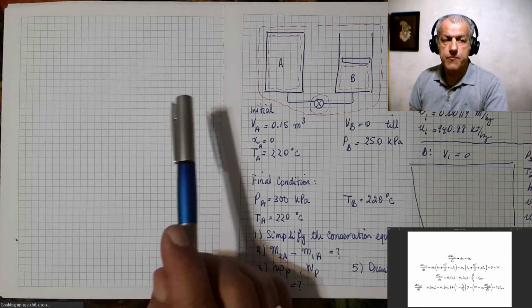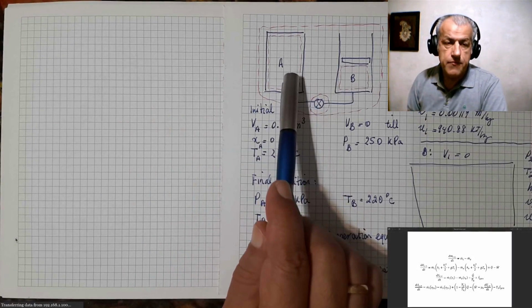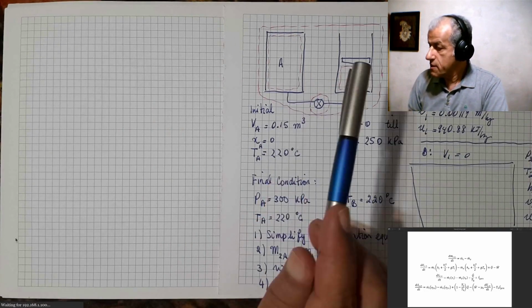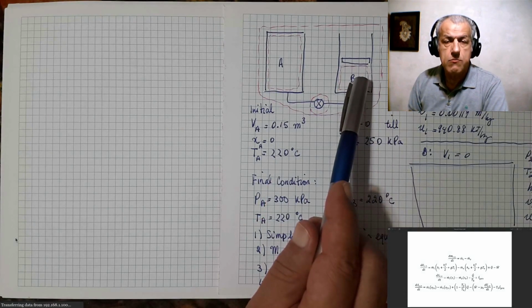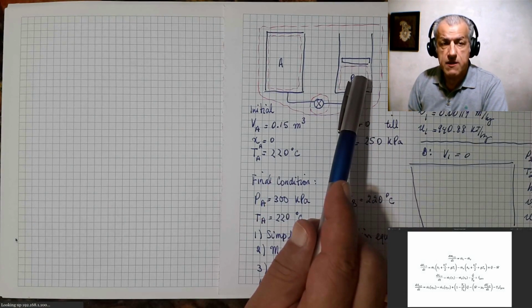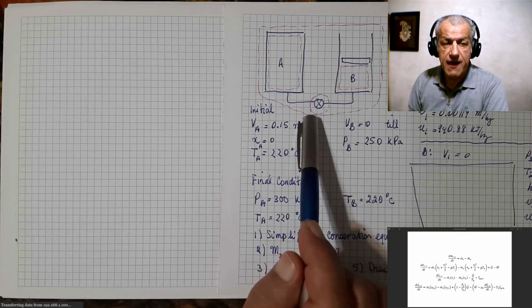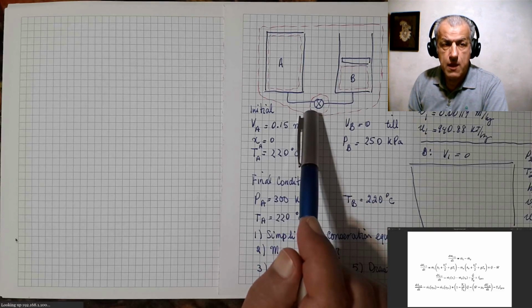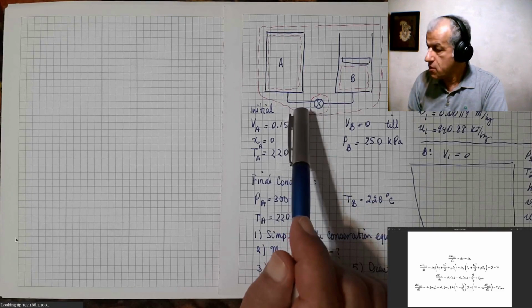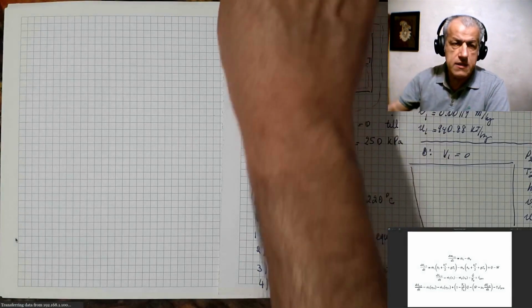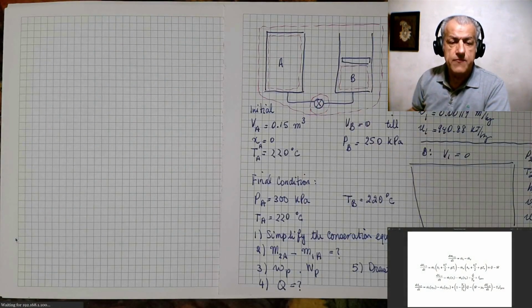One is control volume A, which is whatever there is in A. The second one is control volume B, and that contains whatever there is in B. This one is the valve, and that is one control volume. And there is another control volume, which is the water that is inside A plus B.